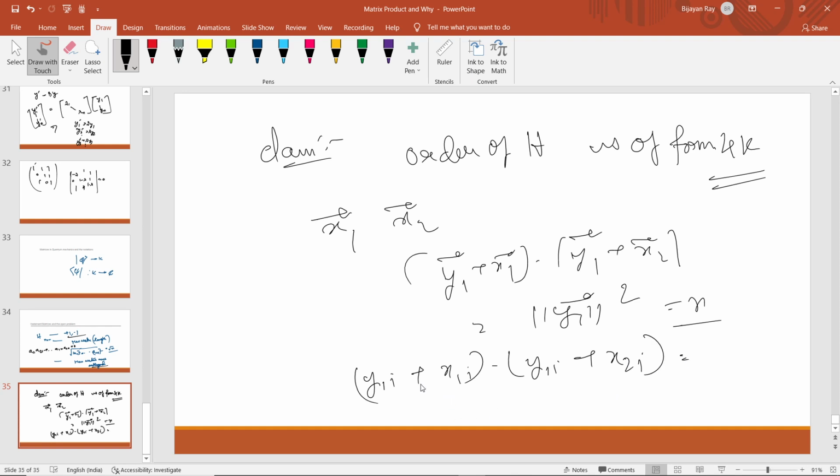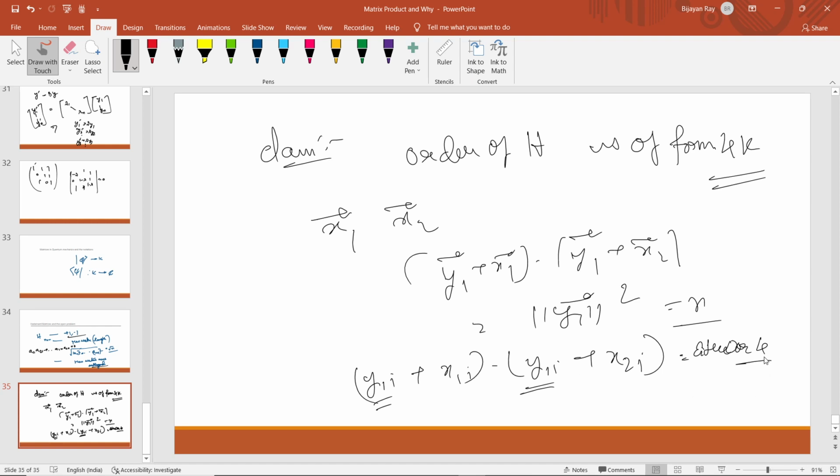This is either 0 or 4, right? Like it can be plus minus 1, so either 2 or minus 2. Since these are the same, plus 1 minus 1 is 0, plus 1 plus 1 is 2, and if this is minus 1, this should be minus 1, and if this is plus 1 it's again 0, and minus 2 into minus 2 gives 4.